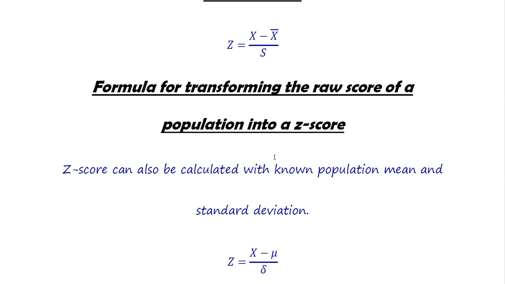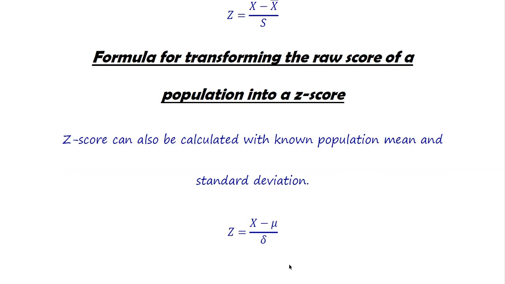We can also transform raw score data obtained from a population. Z score can also be calculated with a known population mean and standard deviation. If any specific population has a known population mean and known standard deviation, we can calculate its Z score. Z is equal to x minus mu over sigma.